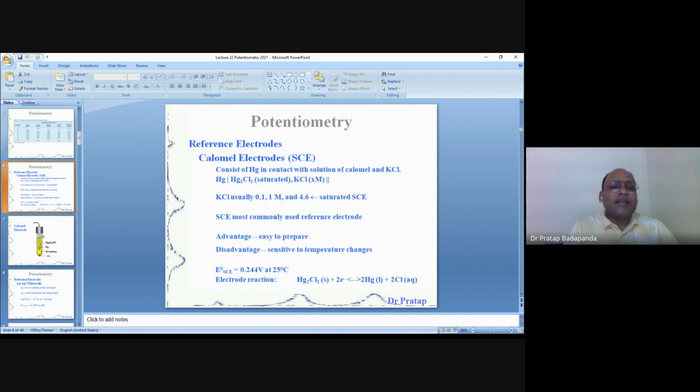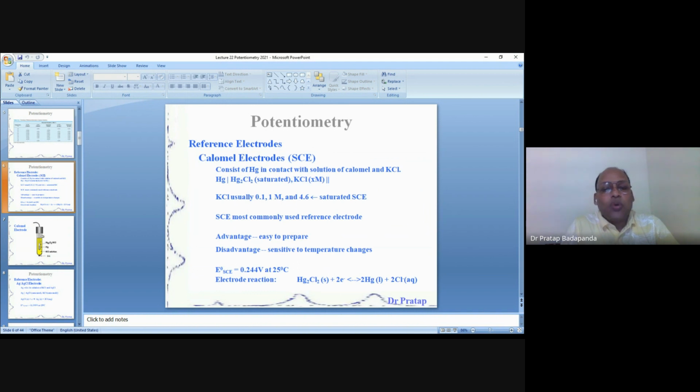Then potentiometry, reference electrode. What kind of reference electrode? The calomel electrode. The standard calomel electrode consists of mercury in contact with a solution of calomel and KCl, that is mercury, mercury chloride saturated, then KCl and the concentration of KCl.